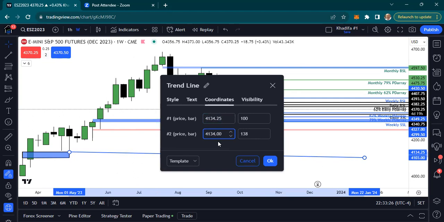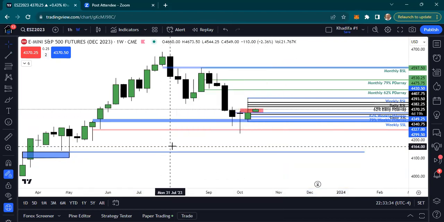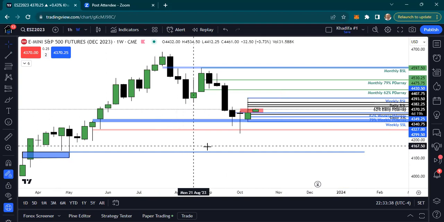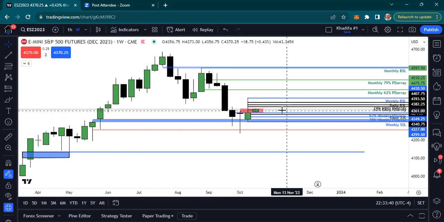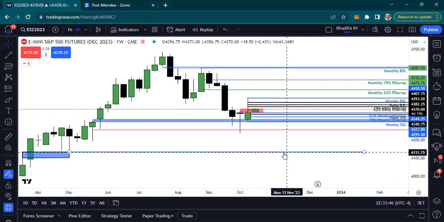Yeah, there we go. So I am expecting E-mini S&P 500 to reprice down to 41.34.